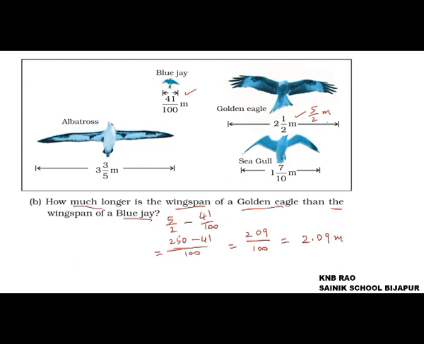The golden eagle has got an extra wingspan of 2.09 meter than the blue jay. This is question number 141, including both sub questions A and B.